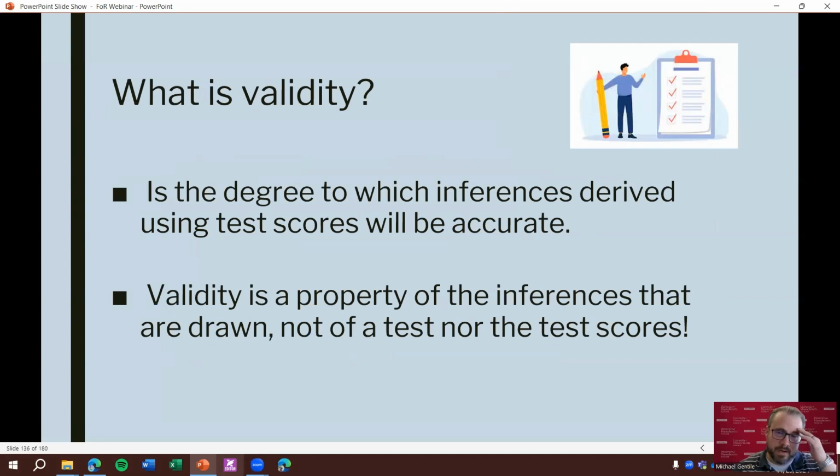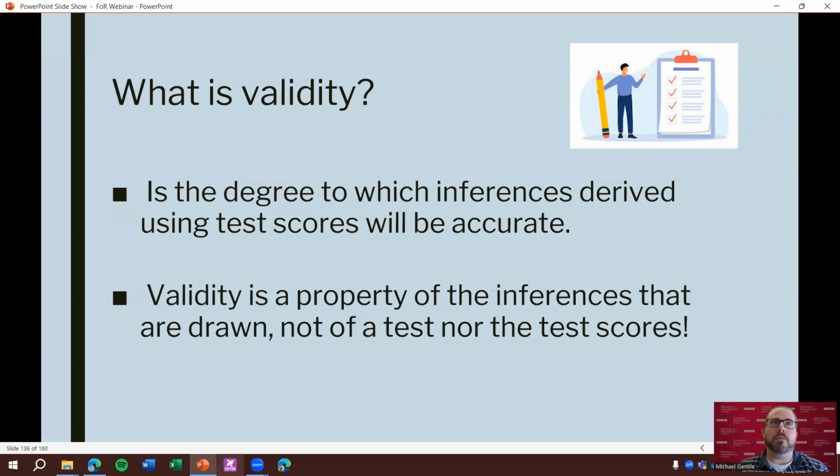Validity is the degree to which the inferences derived using the test scores will be accurate, right? The simple way to say this is, does the test measure what it claims to measure? So if this is a test of reading comprehension and it has validity, it would show up in comparison to other tests of reading comprehension.